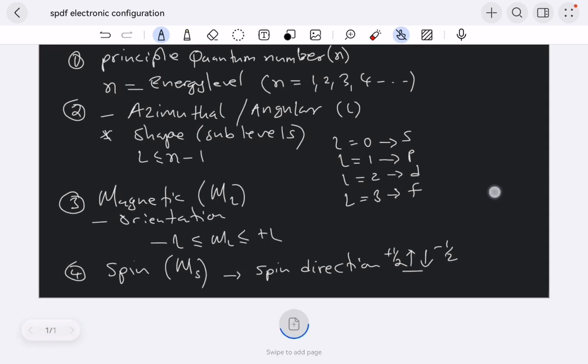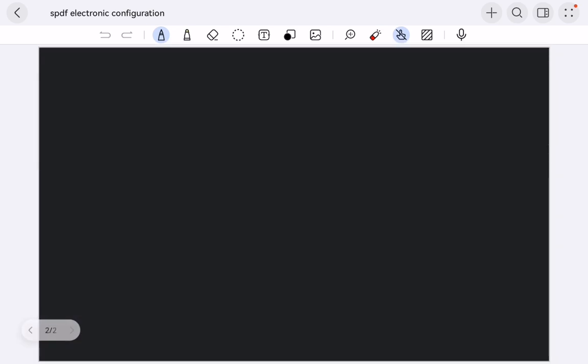Now, as of today, I want us to look at how to write the electronic configuration using the SPDF atomic orbitals. Now, before we go there, we need to understand the subshells or sub-energy levels and the orbital electron capacity.